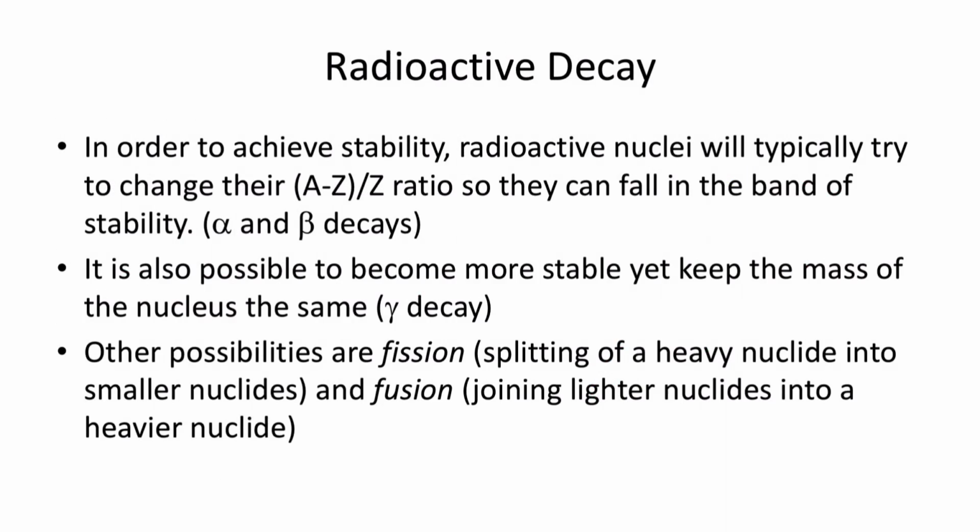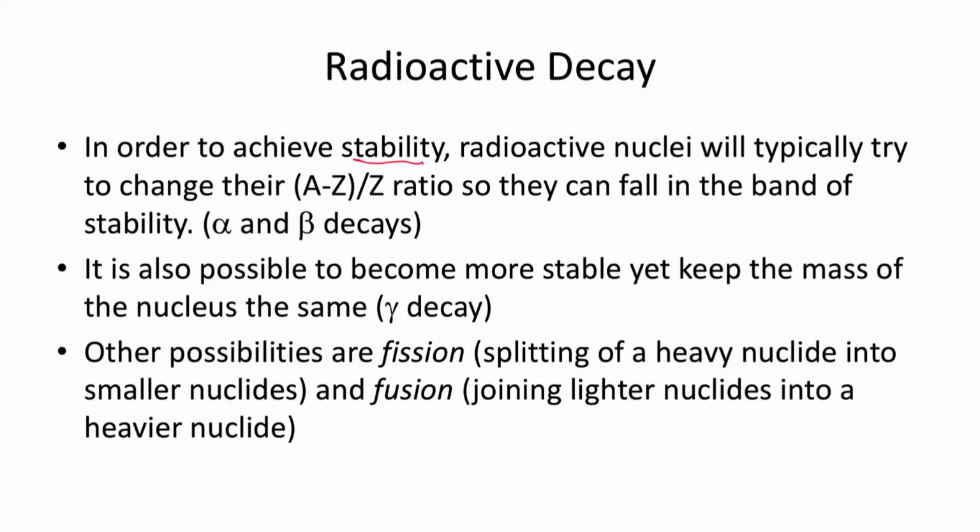Let me tell you a little bit about radioactive decay and what that means. We strive to be stable, to fall within this band of stability. If things are not stable, they're going to try to become stable by adjusting the number of protons and neutrons so that they're within that band or island of stability.